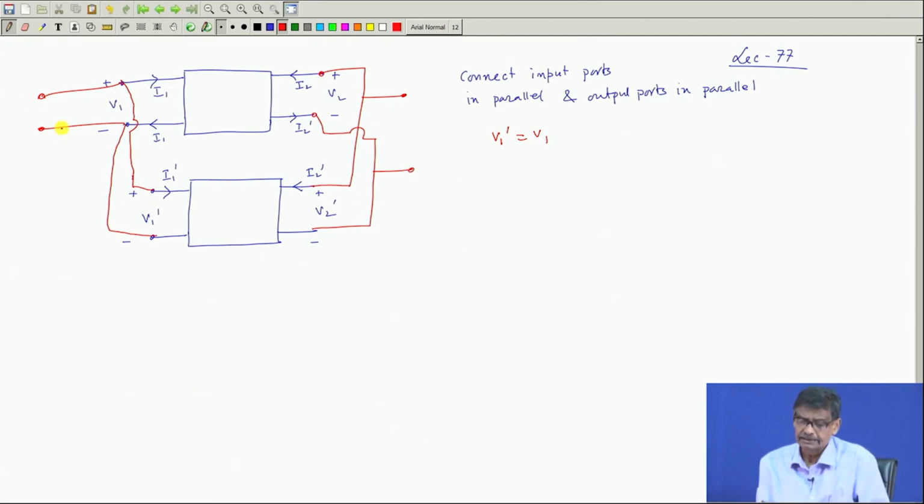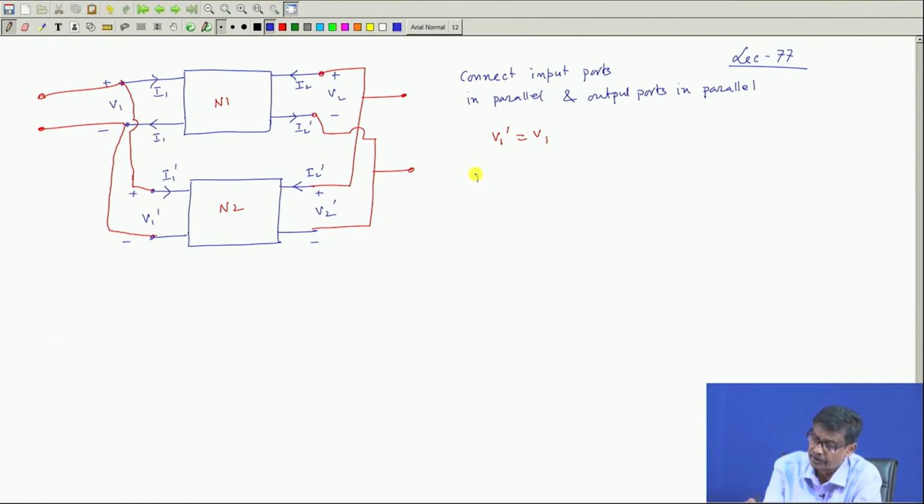Now, in this case, as it will turn out, if you express network 1 and network 2 in terms of admittance parameters, then the equivalent parameter values will be the sum of the admittances. That is the whole idea. So, first of all, I write down the equations in terms of admittance parameters.